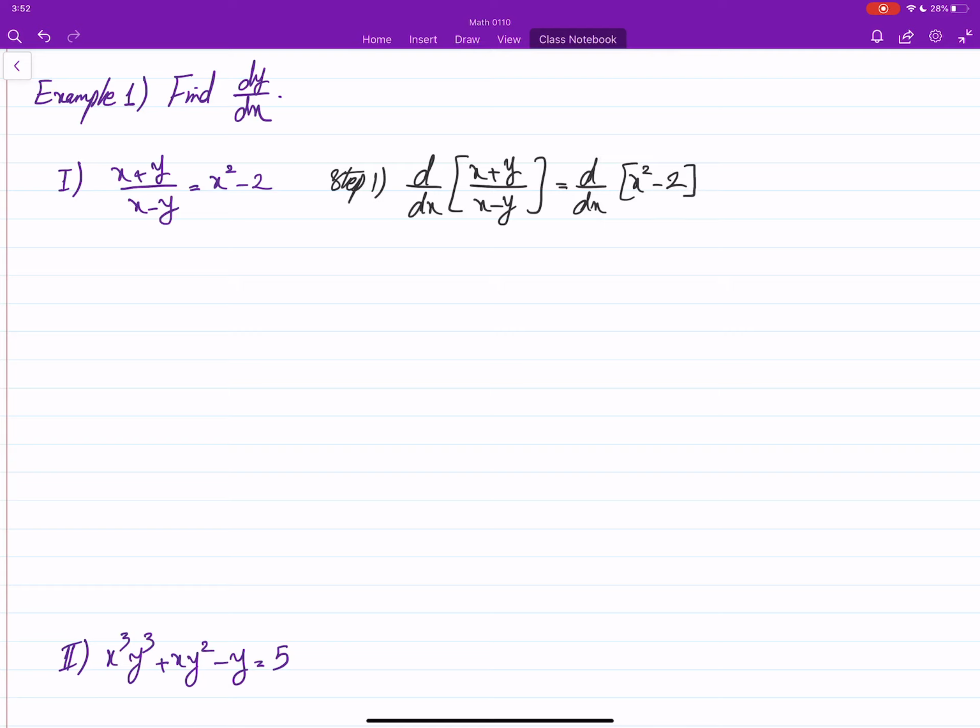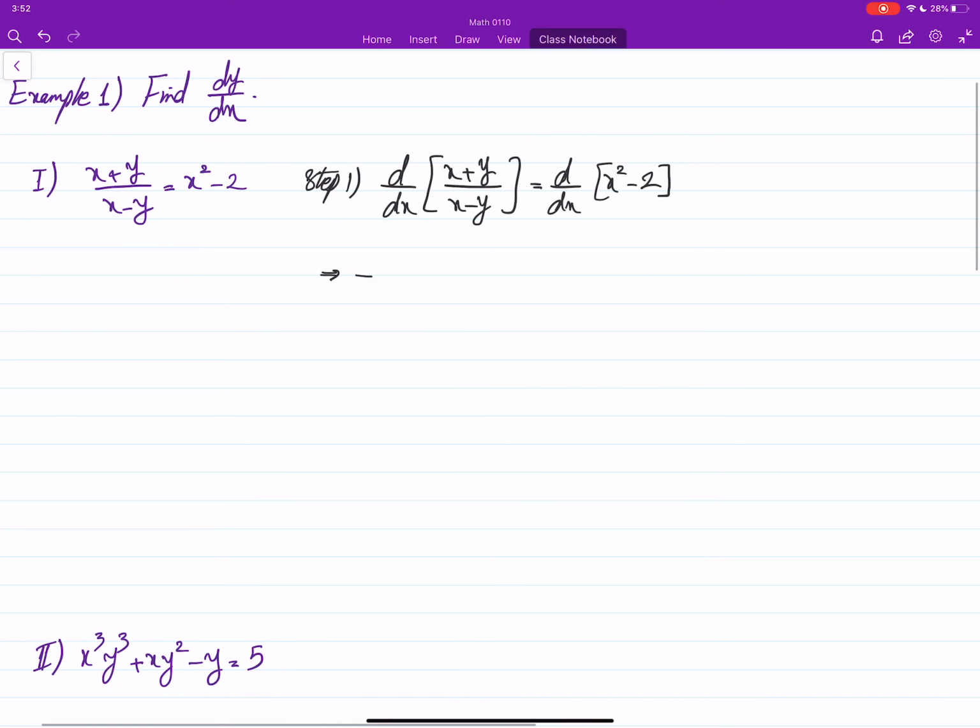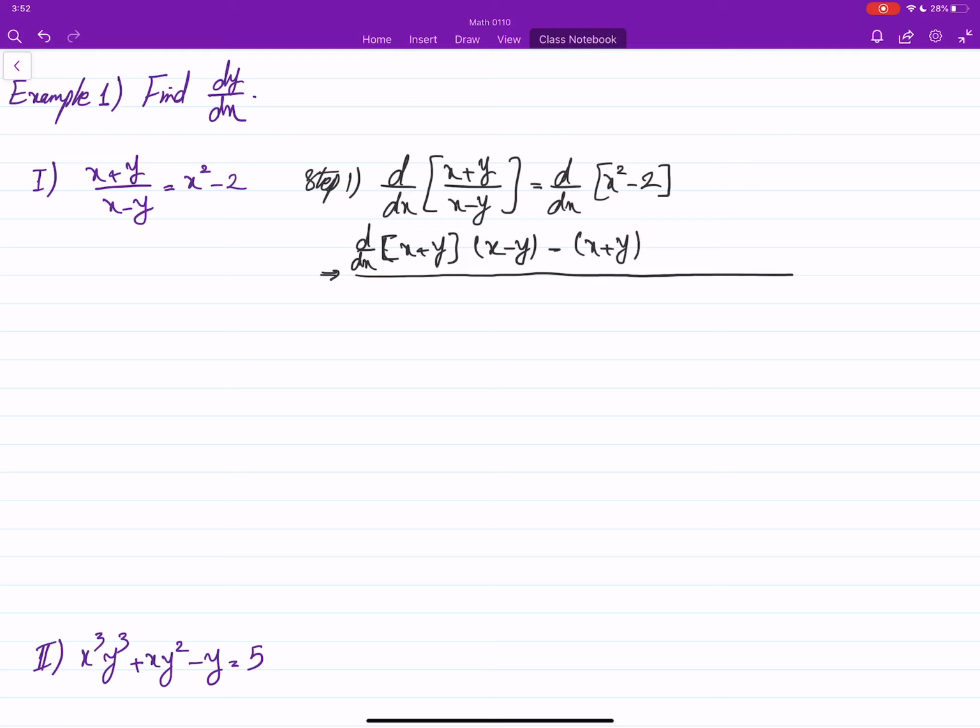So while differentiating, here we have the quotient rule: derivative of (x plus y) times (x minus y) minus (x plus y) times d/dx of (x minus y), over (x minus y) squared. The right hand side is 2x minus 0.